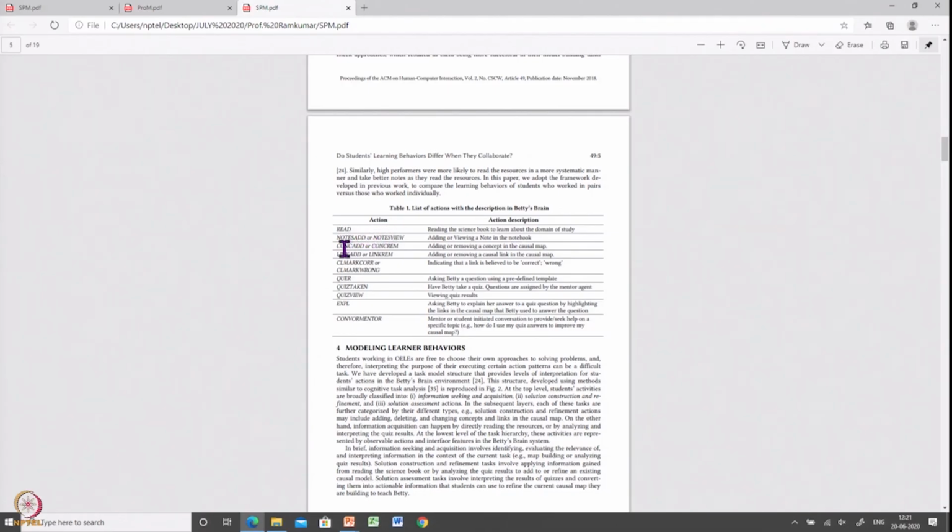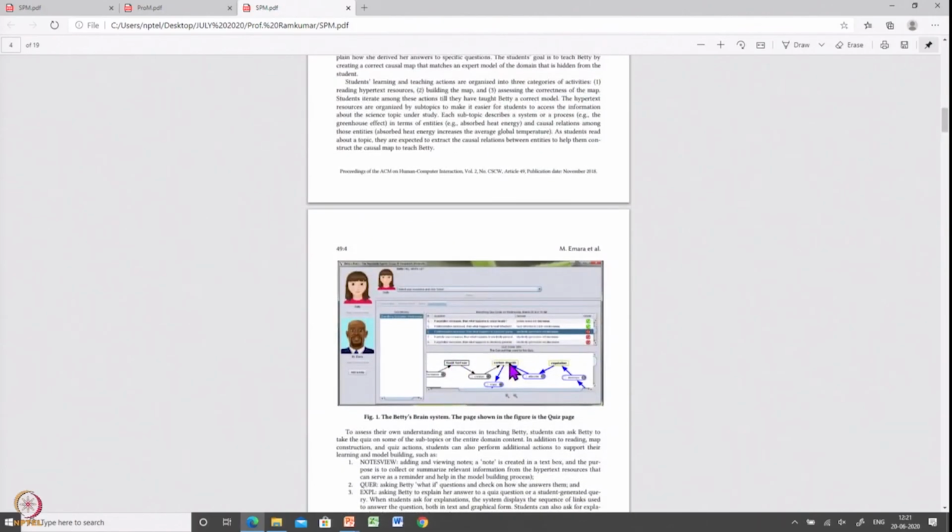They are creating a concept map, so they have to add concepts and links between them. So, they are adding concepts, adding a link, or asking for help from Betty or the other agent, or they can take a quiz or look at the quiz they have taken, and they can ask for explanation.